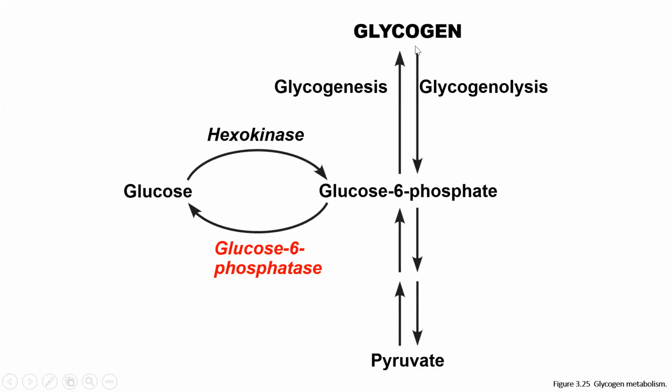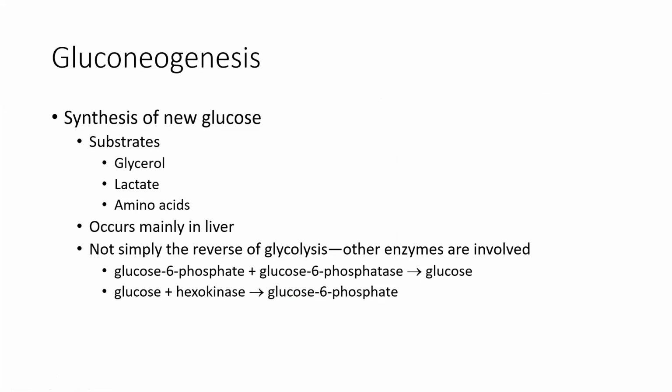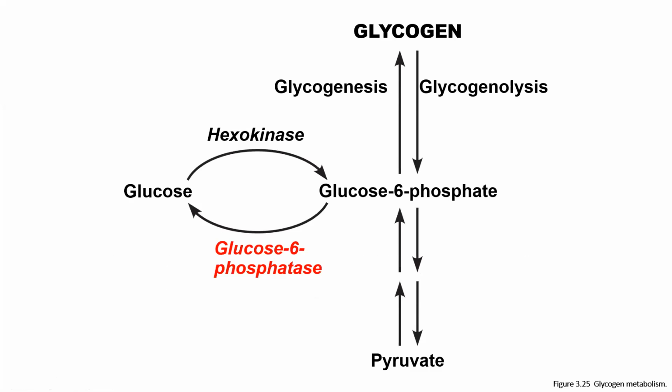Okay, so this is illustrating that general idea. So we have glycogen up here. We've got these two processes, glycogenolysis and glycogenesis. So this is different from gluconeogenesis, just to make that disclaimer. So this process, gluconeogenesis, is different from this process here.